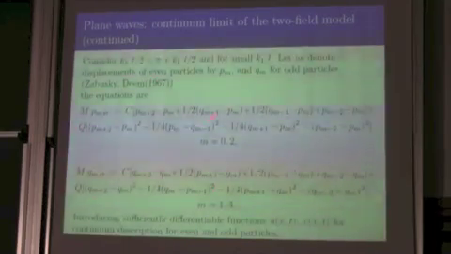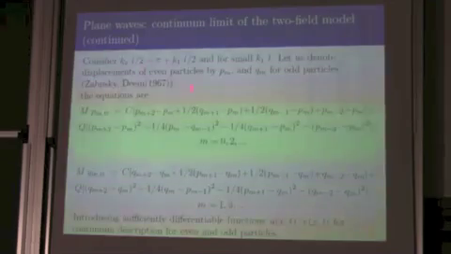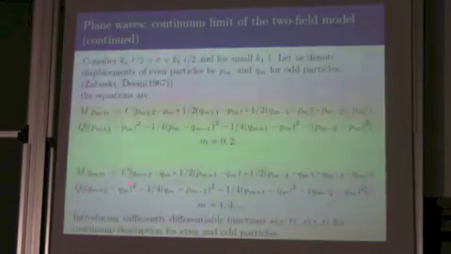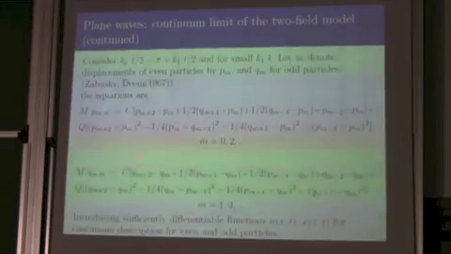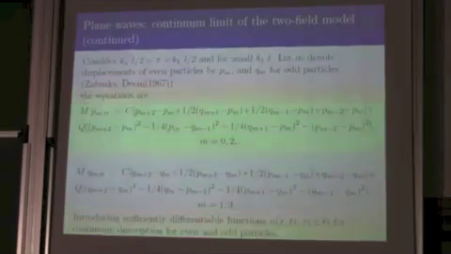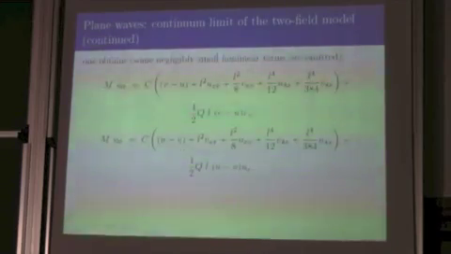So we write down the discrete equations separately for odd and even particles, and introduce different notations for displacements for odd and even particles. So instead of one equation, we have coupled equations, and now, as I told you before, we are able to do the same continualization as we did for the one-field model, and as a result, we obtain the following coupled nonlinear equations for this case.